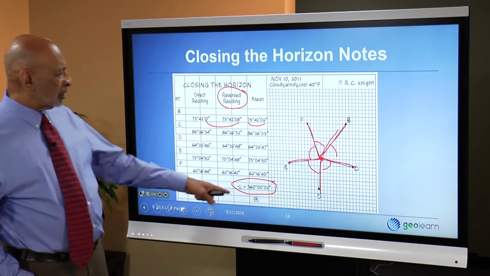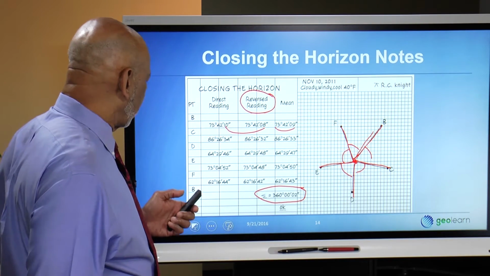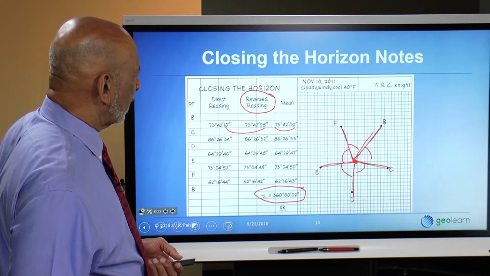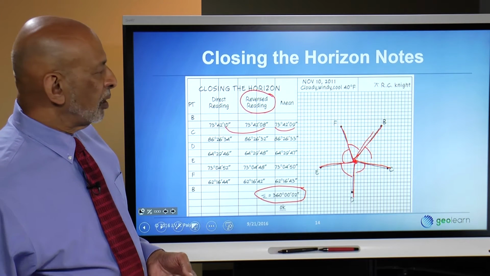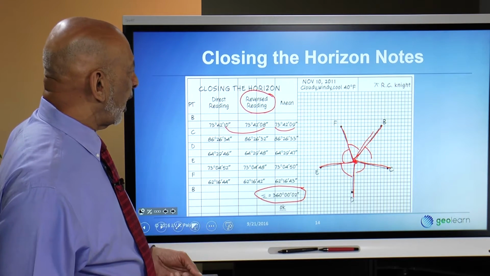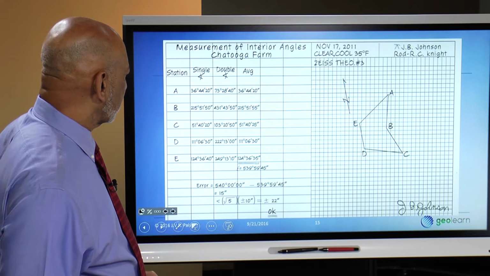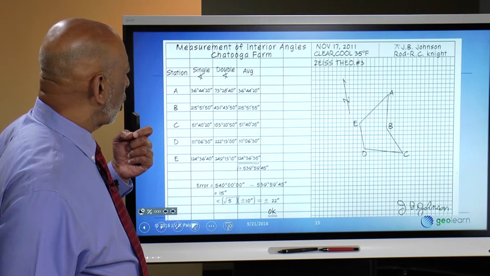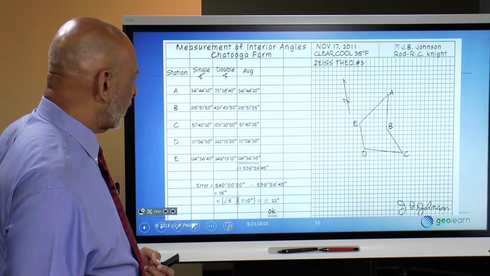So there's always a minimum of 2 angles you can measure whenever you are in angle measurement mode. It just so happens in this particular setup, there were 5 points of interest that could be observed. So you go ahead and observe all 5 and make sure that they all add up to 360 degrees. Now, we have something called traversing, and we'll talk about that more in a future lecture.